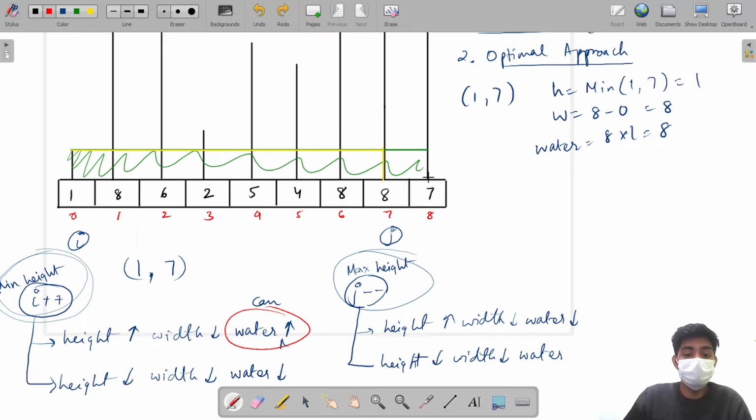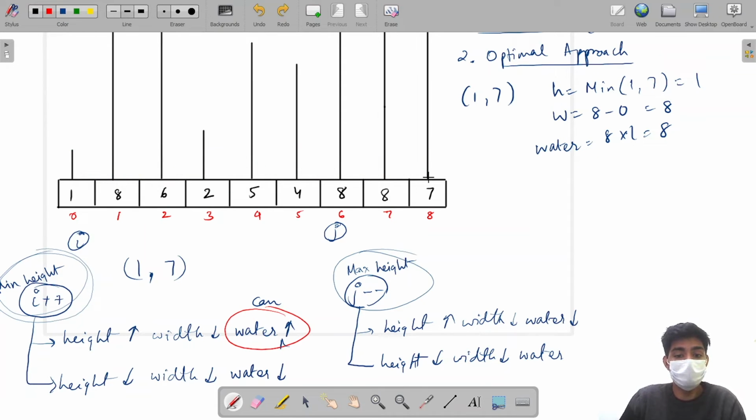So if I reduce my j, or if I increase my I when it is the maximum, then it won't affect my container height. It will affect my container range, hence reducing my water.